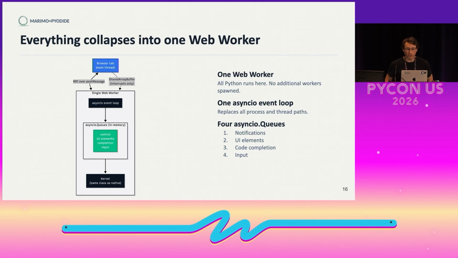So let's take a deeper look at this event loop. We had to remove processes and remove threads and change the Pyodide code path to be fully async. And just to build a little bit of intuition here, browsers are based off JavaScript. They run a lot of JavaScript. Pyodide is trying to mimic running that JavaScript. And so browsers naturally have this async code path.